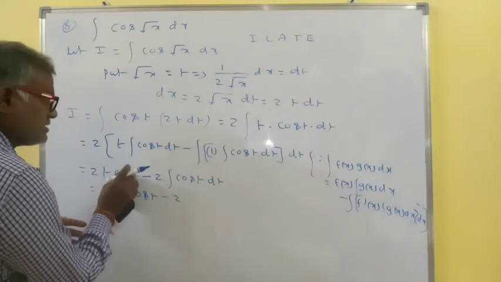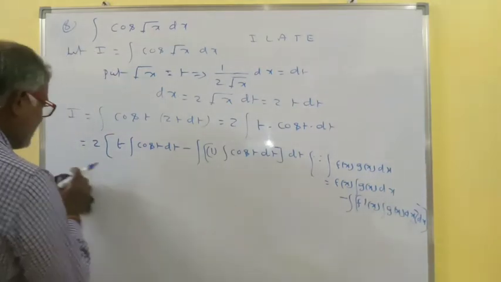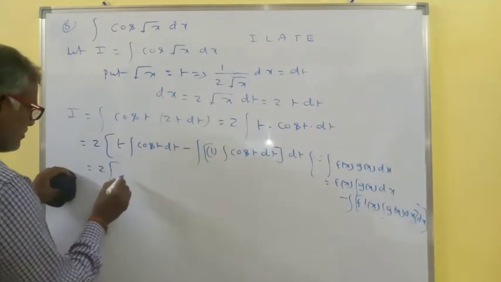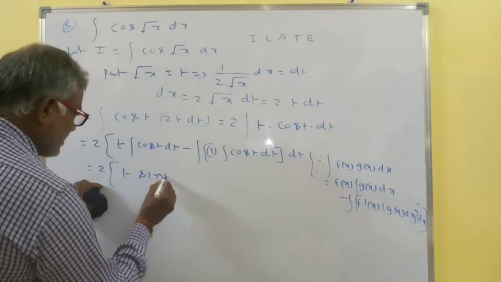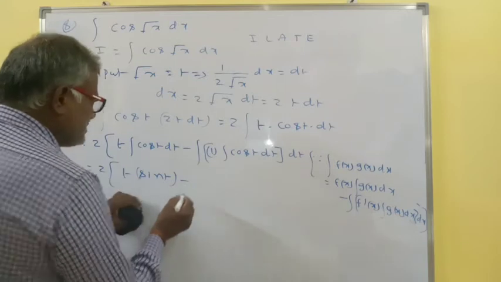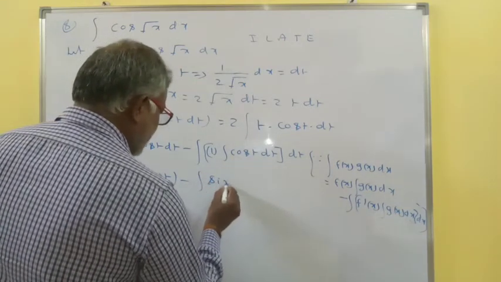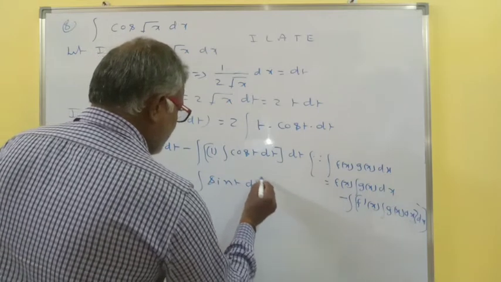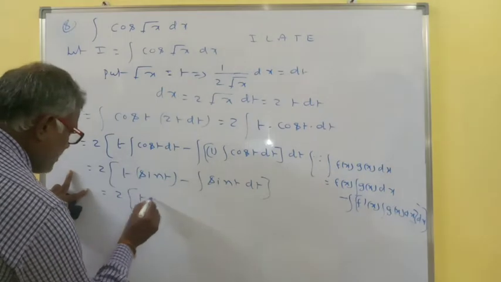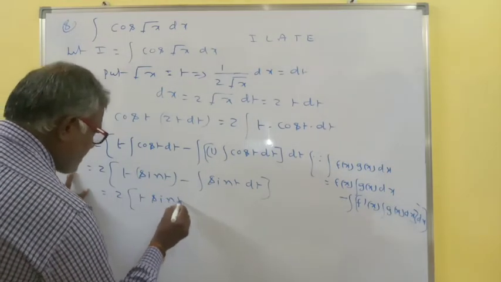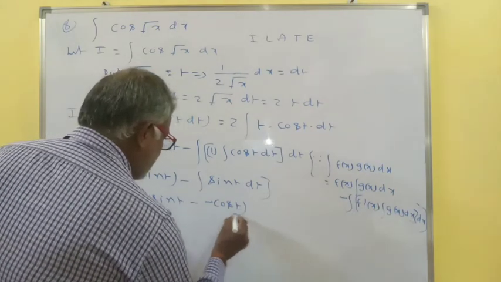So 2 into t into cos t integral sin t, minus, here this is nothing but sin t. So 2 into t sin t minus sin t integral, minus cos t.